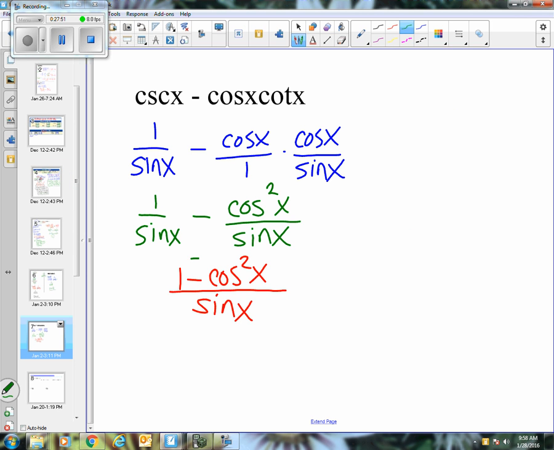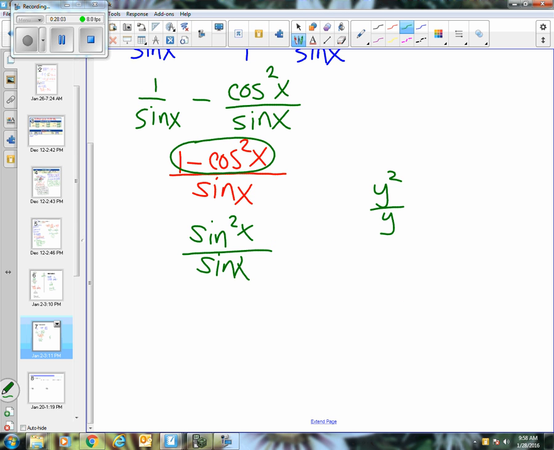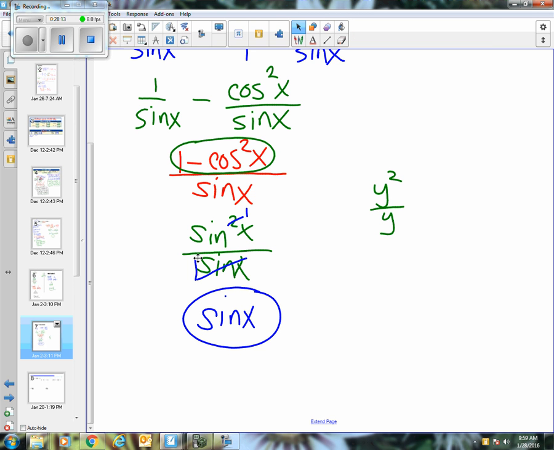Well, 1 minus cosine squared, if I replace that with sine squared of x, now everything in my ratio is in terms of sine. It's just like having a y squared divided by a y, like we did in our warm-up question. You can actually divide one of those sine of x's out, which would leave you with sine of x. Fantastic. So if you can make a substitution that makes it better, then absolutely do that. And what do I mean by make it better? Fewer functions, fewer operations. So see if you can do that.